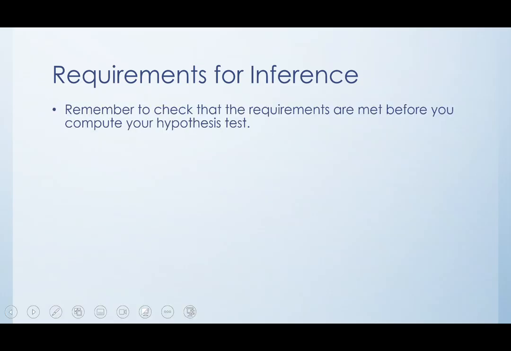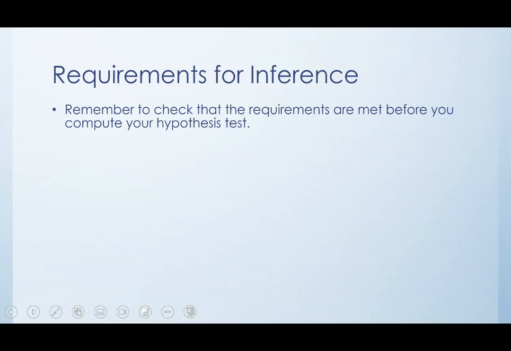I know I don't always remember to check conditions when I do my examples, but I try to. And I want you to try to remember to check that the requirements are met before you compute your hypothesis test, okay? Now, sometimes on a test, maybe I will have you do it anyway, but at the end there might be a question that says, hey, should you trust the results of your hypothesis test?